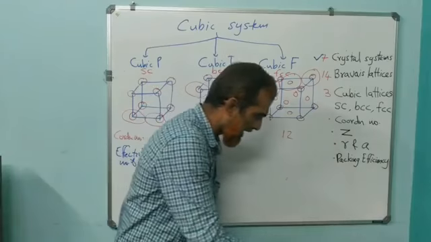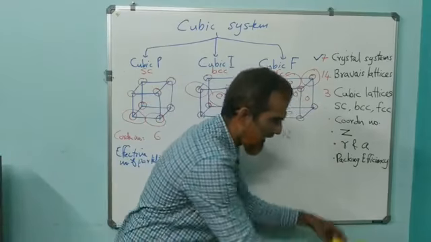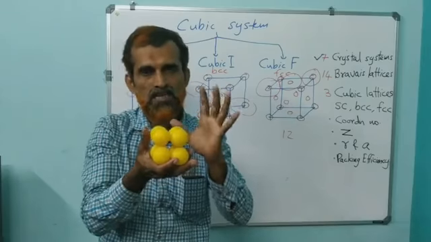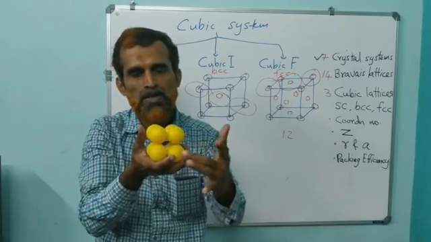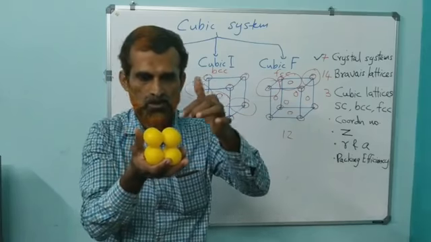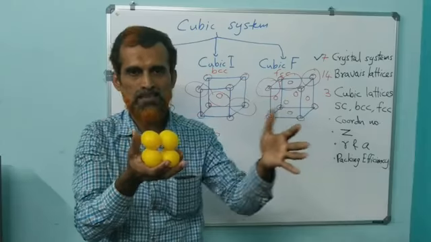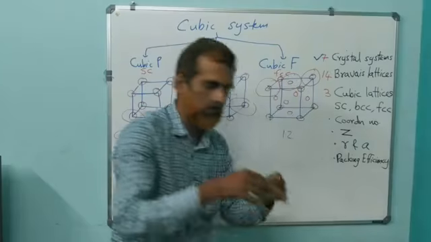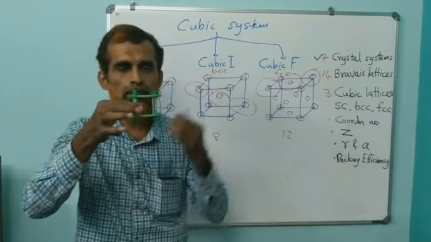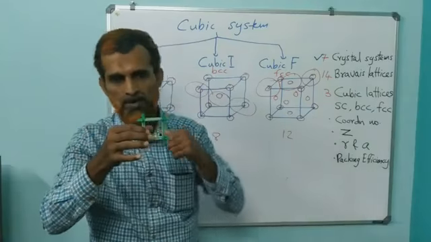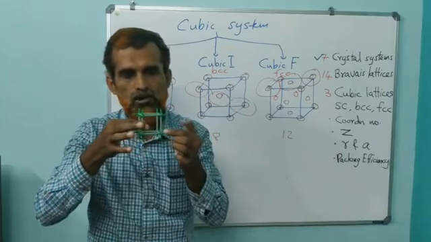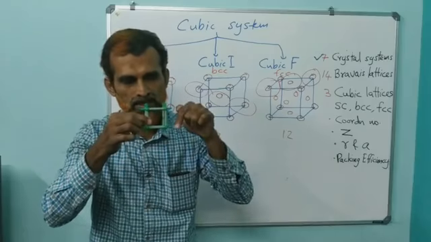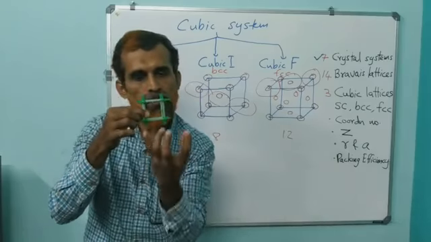In the primitive cubic, if you take a primitive cubic unit cell, all these 8 corner particles do not belong to this unit cell fully, correct? Because this corner is shared by many others. If you repeat this unit cell all over, you can see that this corner is common for 8 cubes, correct? 4 above and 4 below.